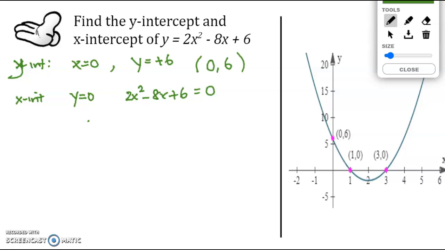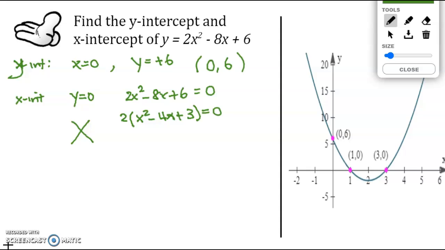Okay, so we start by doing the diamond. Well, actually, the first thing I should do is factor out the 2 because they're all even. In that case, I don't even need to do the diamond. So that's going to be x squared minus 4x plus 3 is equal to 0.